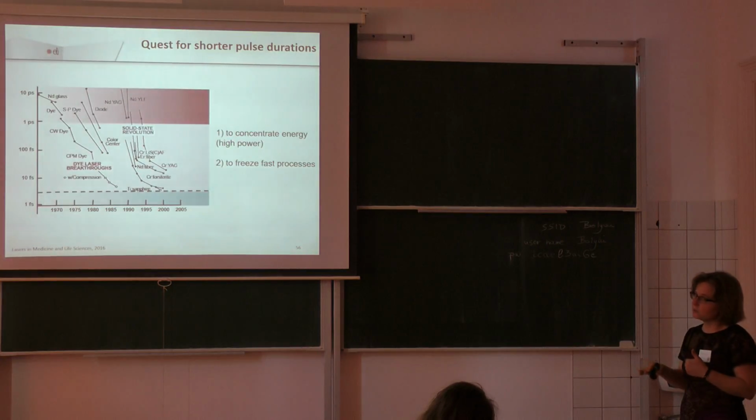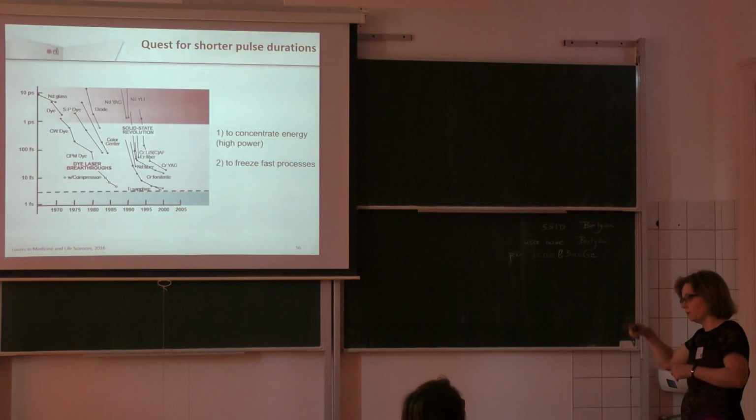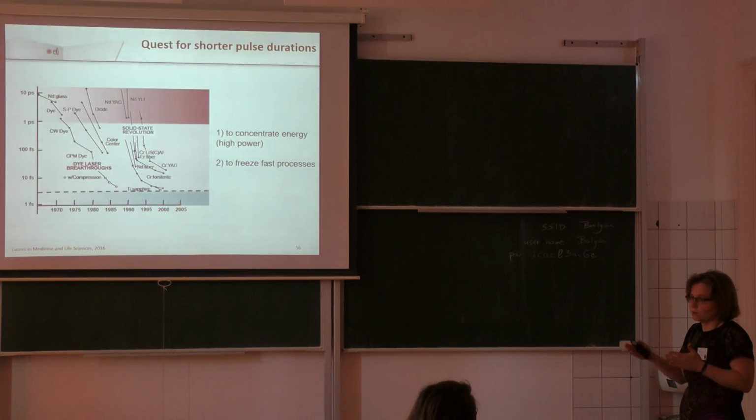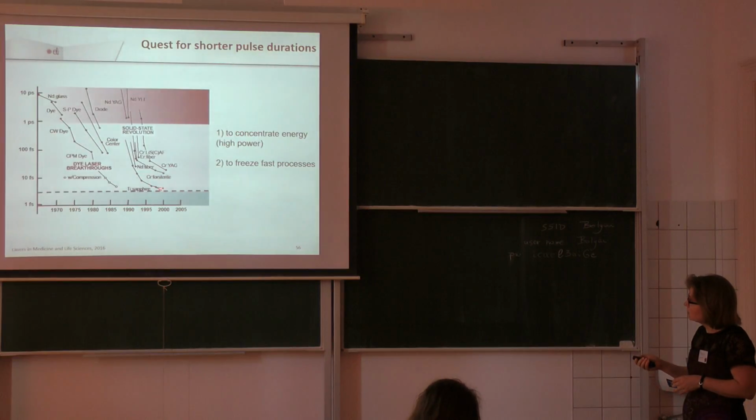And we are at this limit. So we are now producing routinely light pulses that only have a bit more than one oscillation. And you cannot have shorter than at least one oscillation, because then it's not an oscillation anymore. So we are at the limit. The limit is this dashed line, and these are lasers that are now available on the market.